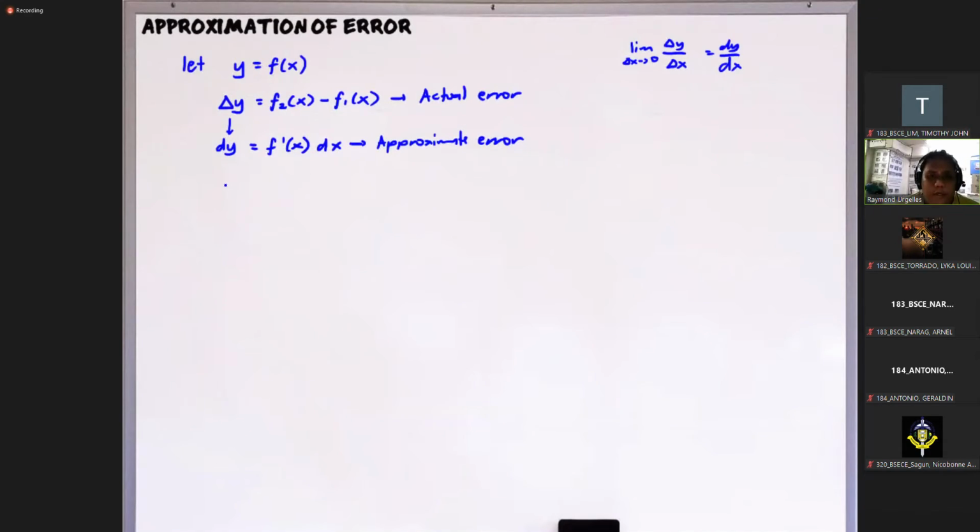If we want to get yung tinatawag naman natin as the relative error, if we try to divide them, dy divided by y, then this will be f prime of x divided by f of x dx.